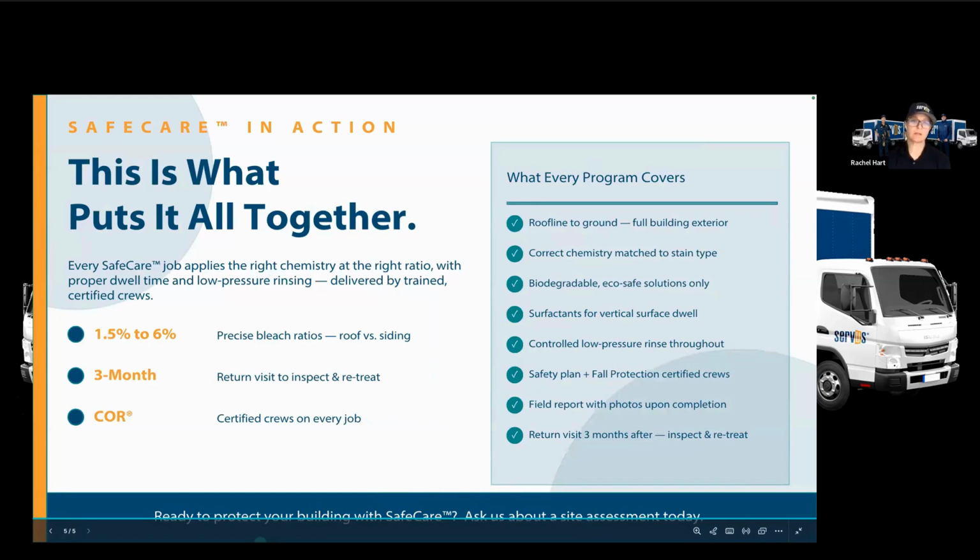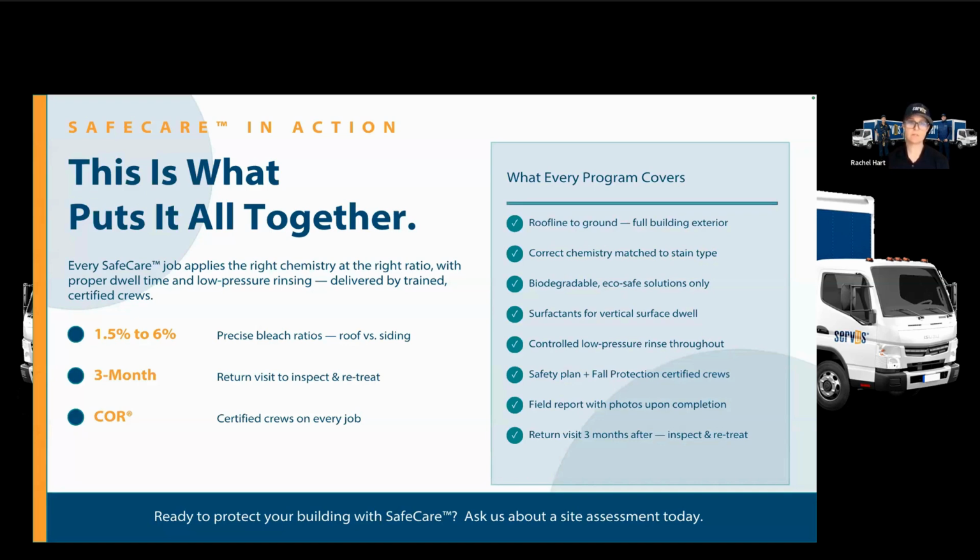Yeah. So I think at the end of the day, it really boils down to chemistry, education, a program, a culture. There are these key things that really matter. We've educated our staff on how to use the chemistry. We've thought of the long-term building requirements and needs. Each program has its own perks. When it comes to our SafeCare program, we have a 3-month follow-up.